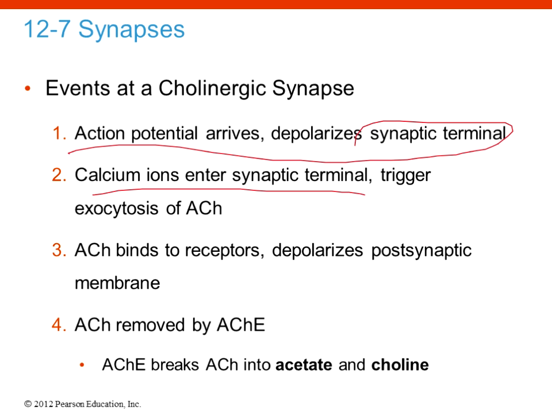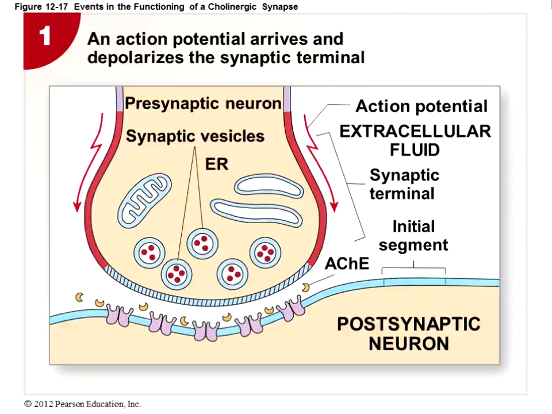That causes calcium ions to enter and trigger exocytosis, the release of acetylcholine into the synaptic cleft. The ACh will bind to its receptor, depolarizing the target, and then acetylcholinesterase will remove and break down the ACh into its components, acetate and choline.